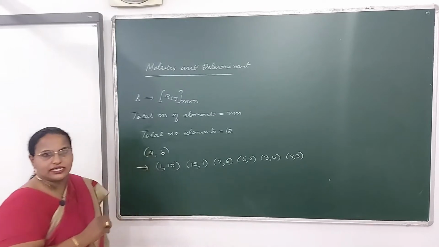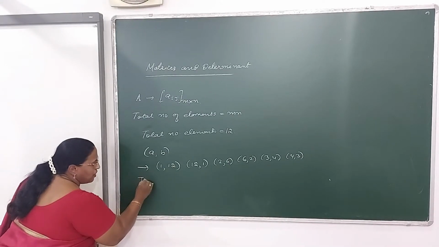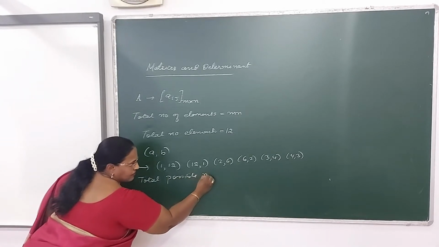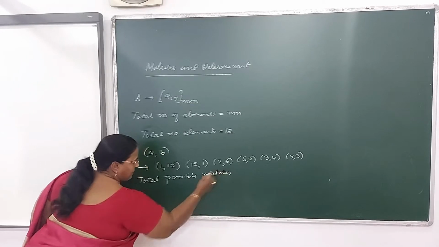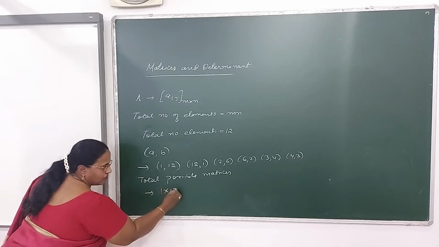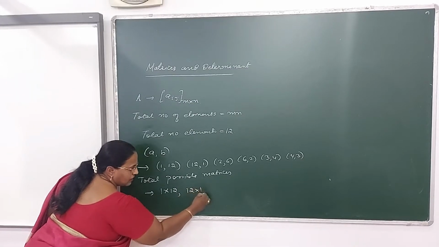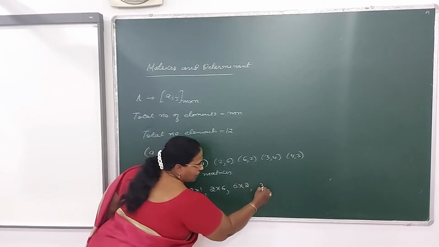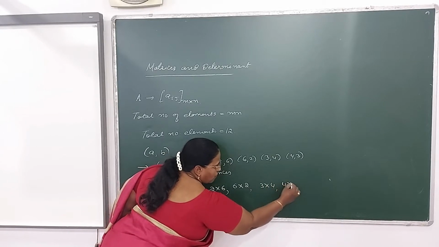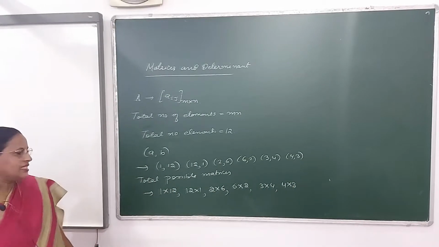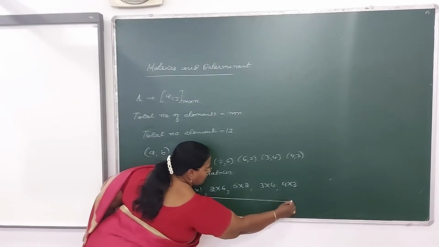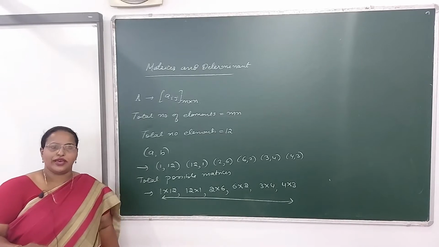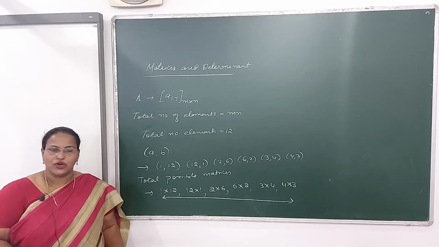So by seeing this, now you can write down the possible matrices as 1 by 12, 12 by 1, 2 by 6, 6 by 2, 3 by 4, 4 by 3. So these many matrices are possible if the total number of elements is 12. I hope it is clear to all.